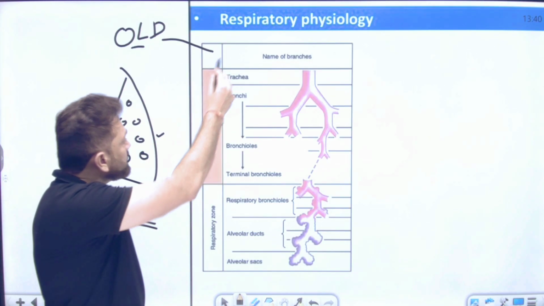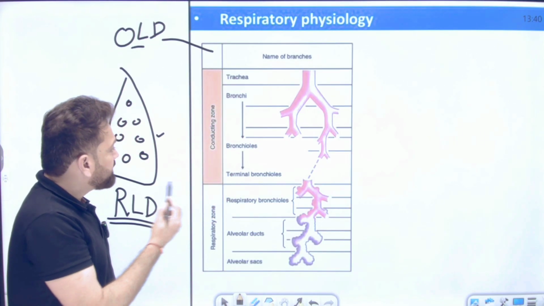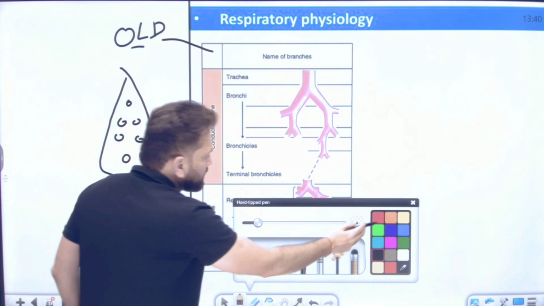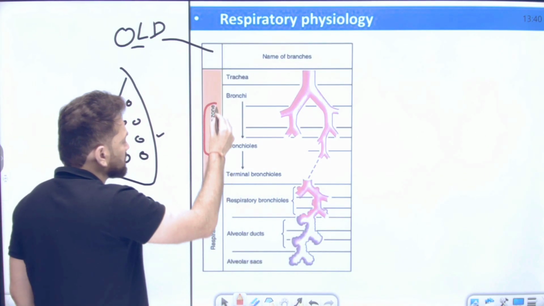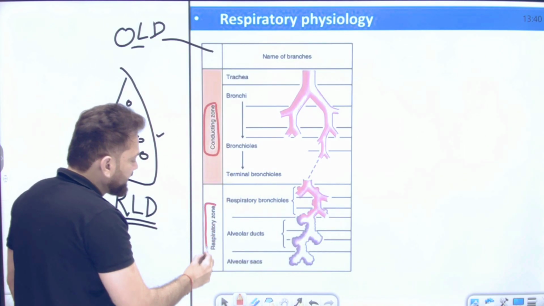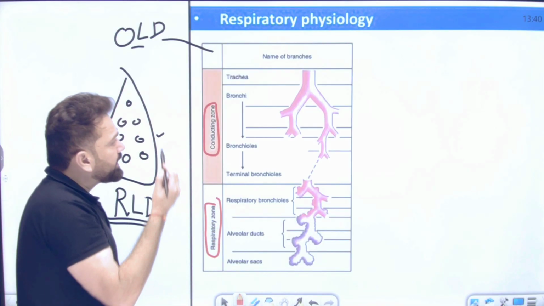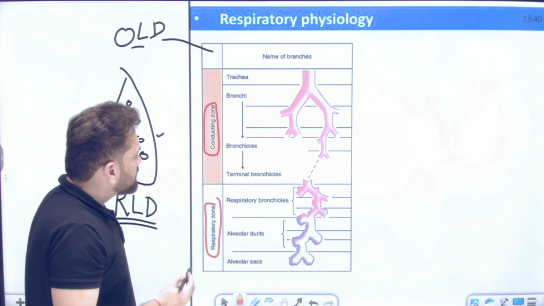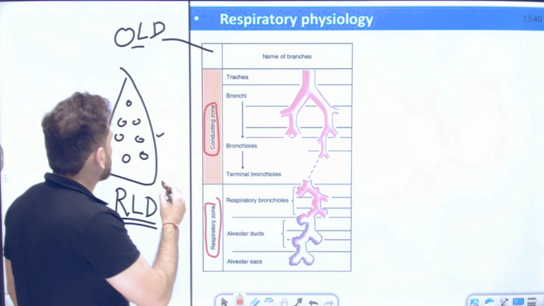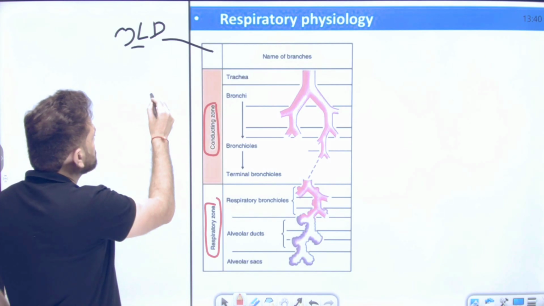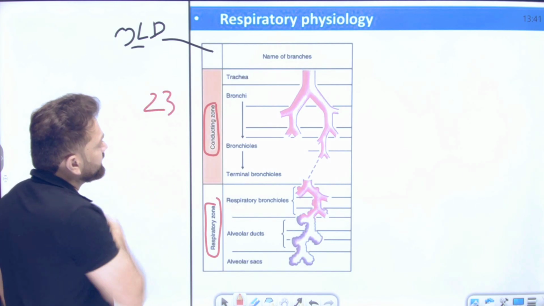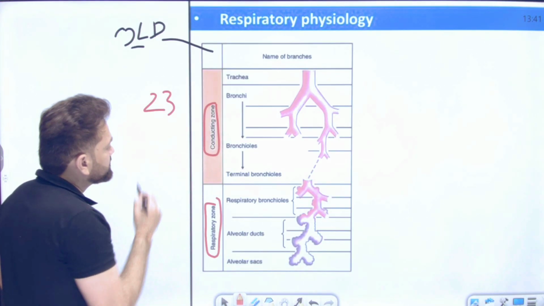Now, airways are divided into two categories. One is called the conducting zone. The other is called the respiratory zone. Weibel has divided these zones into 23 generations.